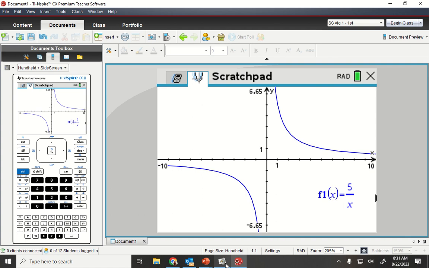But what about the right-hand side? What is the right-hand side approaching? It's approaching positive infinity. So are they both approaching the same thing? No. Okay. So the left side and right side have to approach the same number for the limit to exist. This one, the limit does not exist.